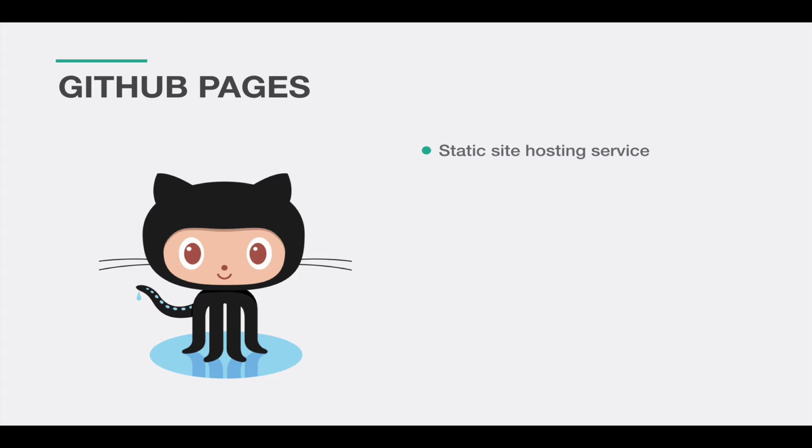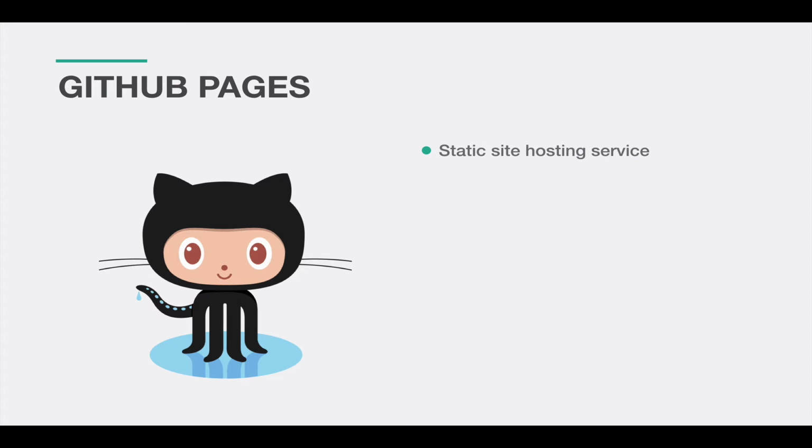So GitHub Pages is a static site hosting service. So what that does is it allows you to basically host for free a site that has HTML, CSS, or JavaScript on it. So anything that doesn't require server-side, which you haven't really learned yet in this program, but basically anything you've learned in this program can be hosted on GitHub Pages for free and would be public for anyone to see.